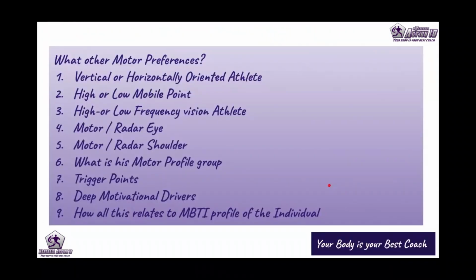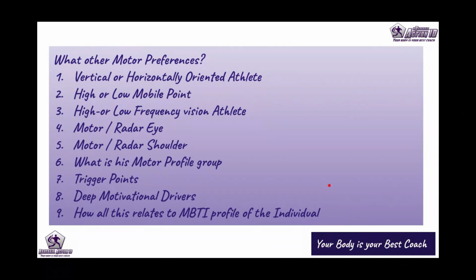Now, as I said, I was going to talk briefly about one motor preference, which in this case was the walker from the top and walker from the bottom differences. But we also have a lot of other motor preferences. For example, are you a vertical or a horizontal oriented athlete? Do you have a high or a low mobile point? Are you a high or a low frequency vision athlete? Do you have a right or left motor eye?